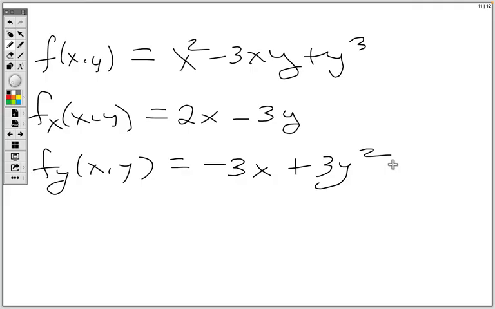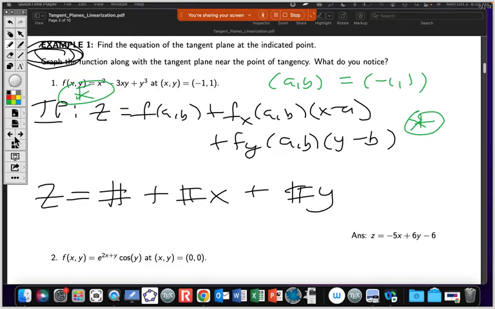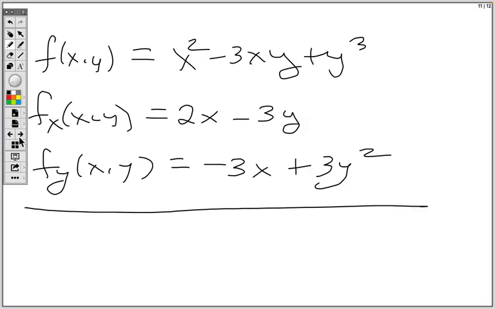All right. So now what we're going to do is we're interested in the point negative 1, 1. So now we're just going to plug negative 1, 1 into each of these. F of negative 1, 1.